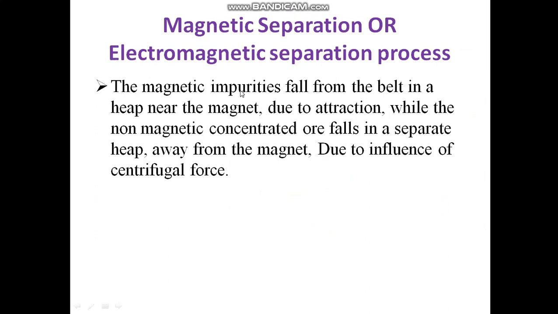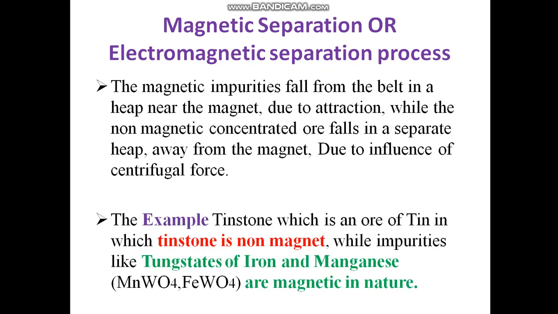The magnetic impurities fall from the belt in a heap near the magnet due to attraction, while the non-magnetic concentrated ore falls in a separate heap away from the magnet. This magnetic and non-magnetic material falls near and away due to the influence of the centrifugal force. So when the centrifugal force acts, it falls away from the body, that is, the magnetic roller.